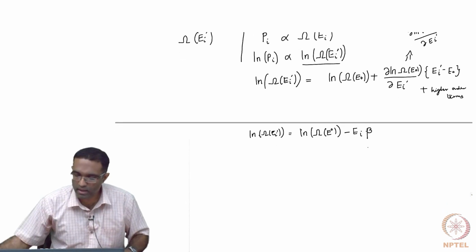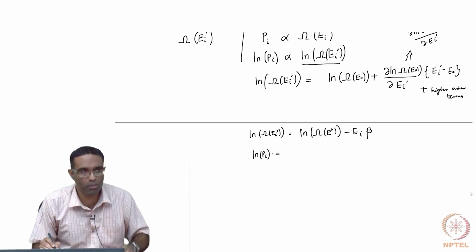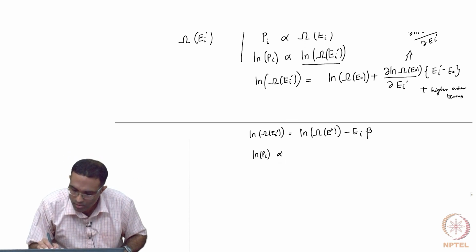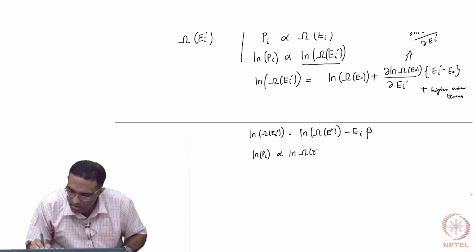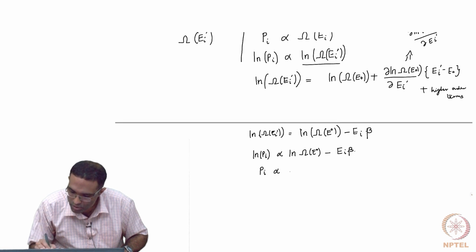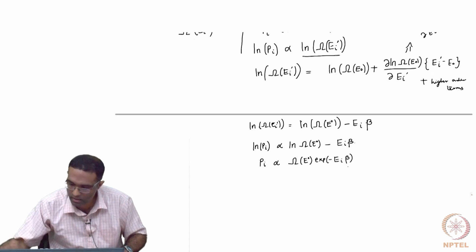So what you get here is the ln of Pi, the probability that the system is at energy Ei, is proportional to ln of omega E naught minus Ei times beta, again which means Pi is proportional to omega E naught times exponential minus Ei times beta.